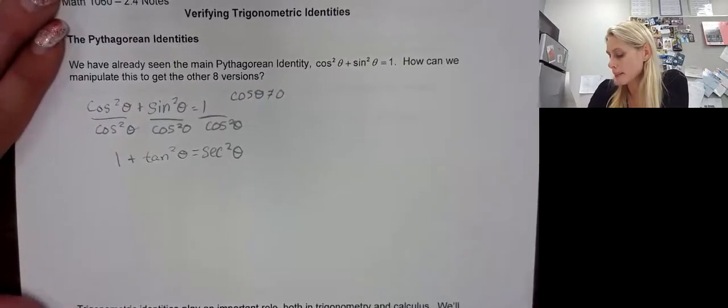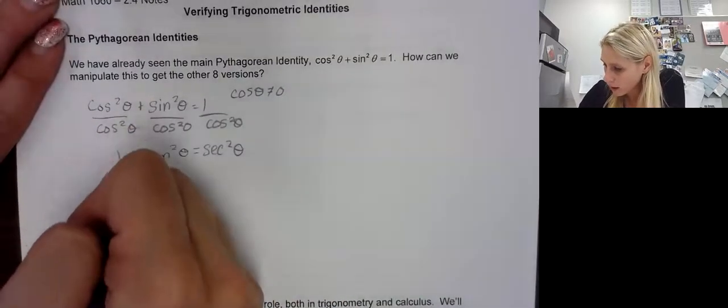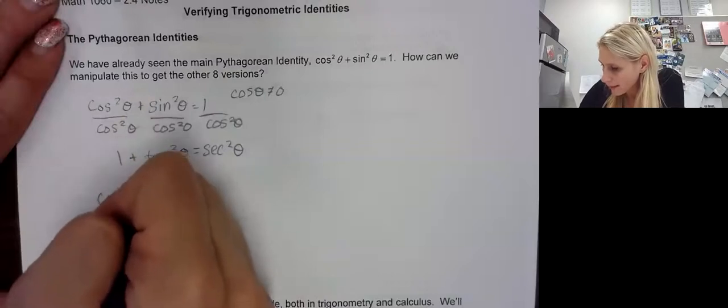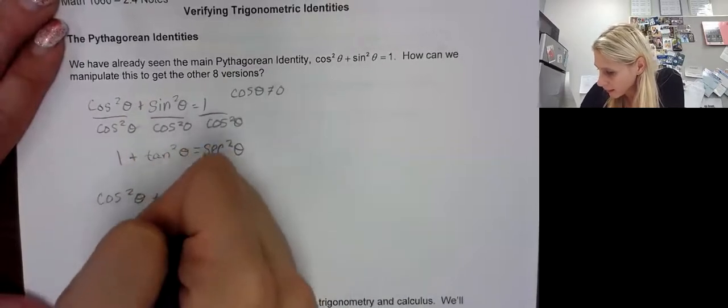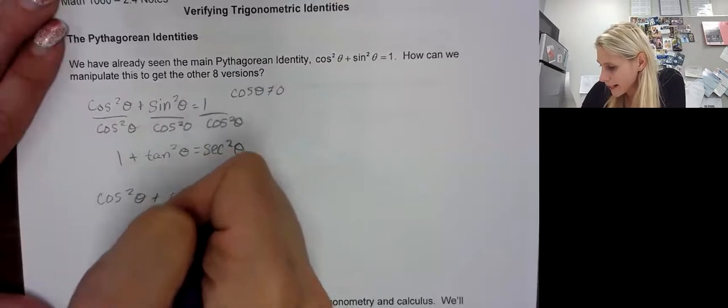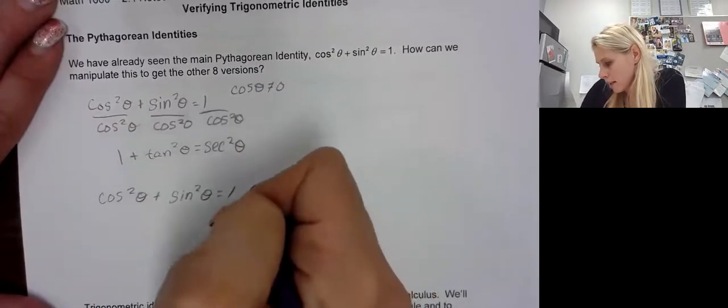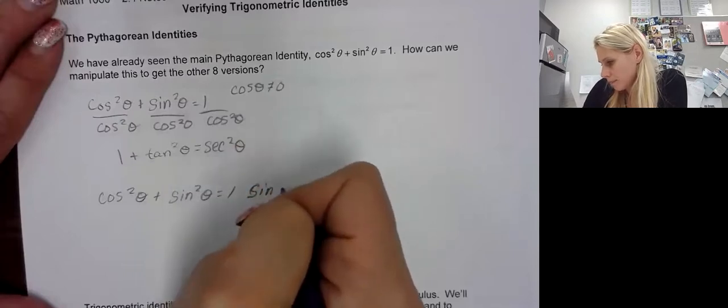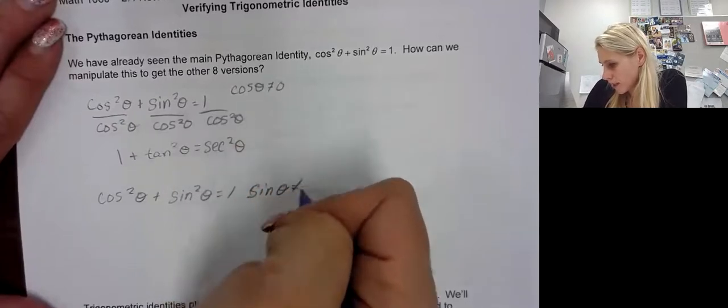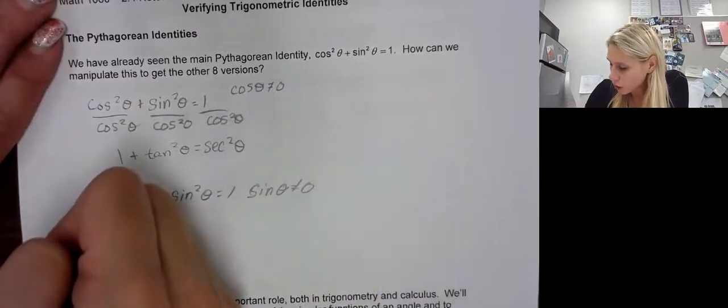So what happens if maybe we take our Pythagorean identity here and we say that sine of theta cannot equal 0? Then let's divide each term by sine.